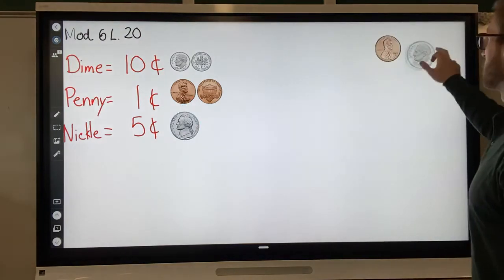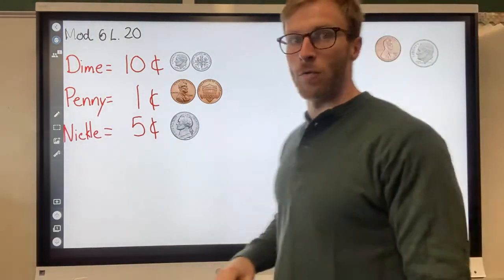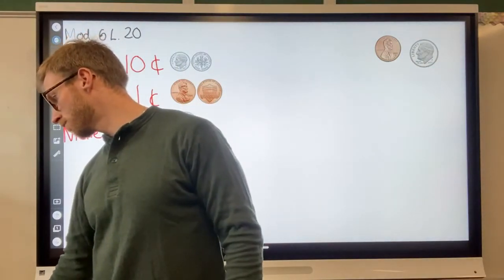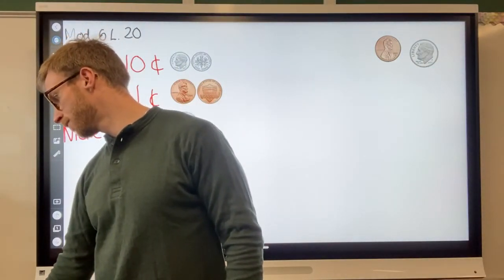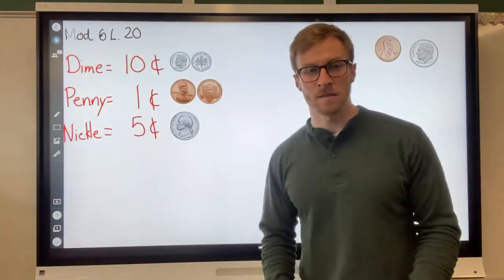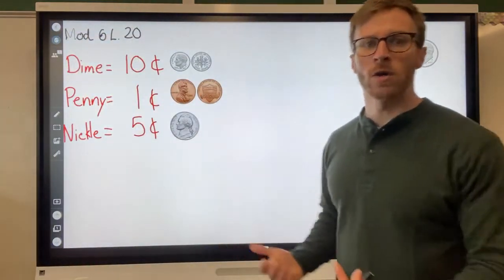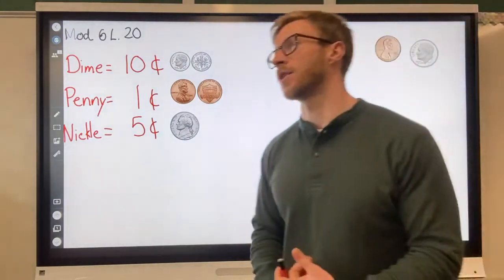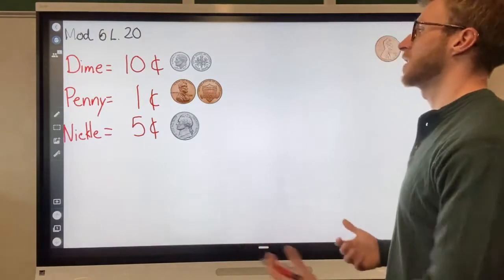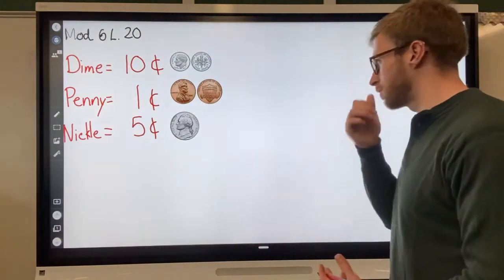Then I have some things over here that we're going to use to work through some problems. If I wanted to make 15 cents, what coins would I have to use? So you guys can listen to me walk through this one. I want to make 15 cents. That's what I want to get to.